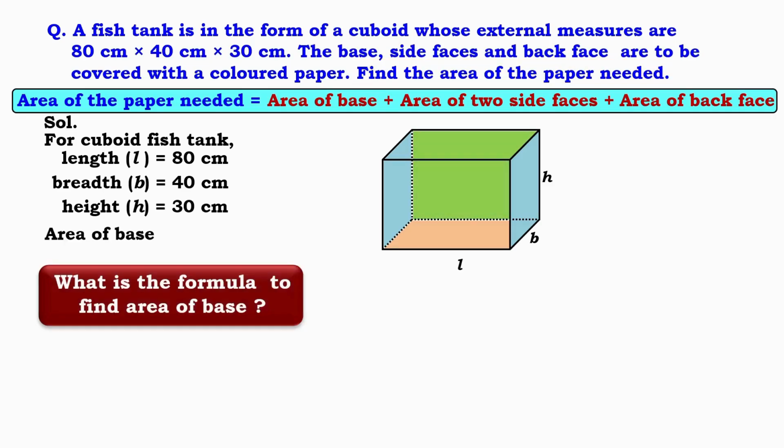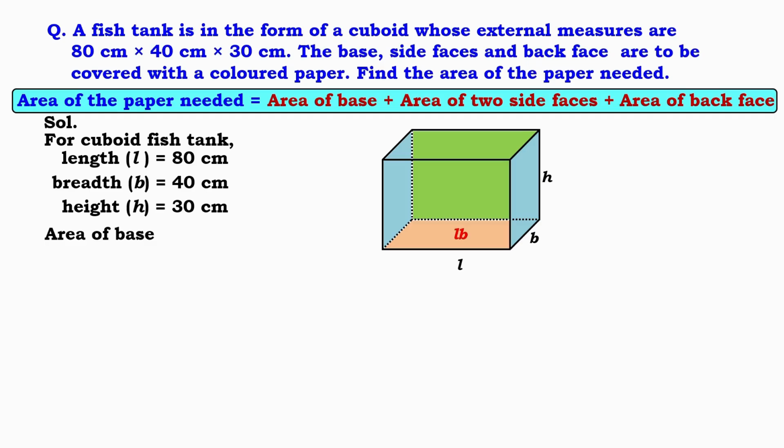Now the area of the base. First we need the formula for the area of the base. That is very easy, that is L into B. Now put the values of L and B. 80 into 40 is equal to 3200 centimeters square.